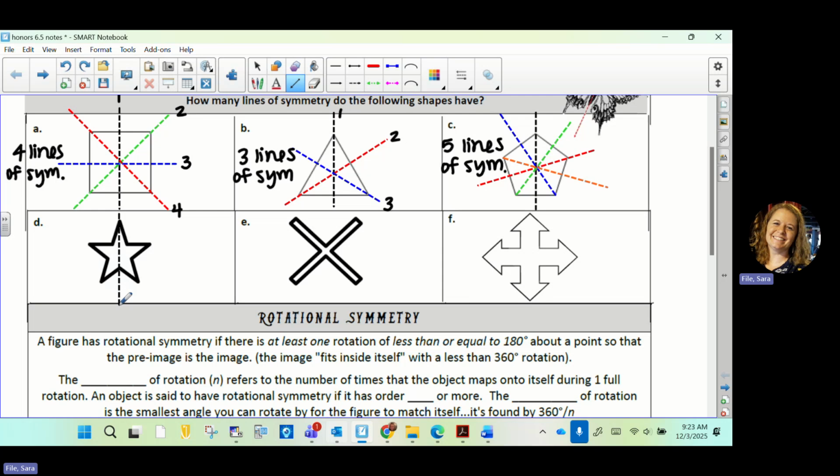If I go through all of these vertices, they happen to also go through the convex vertex on the inside opposite it. So all of those are also lines of symmetry. So this star also has 1, 2, 3, 4, 5 lines of symmetry. So this one is also 5.